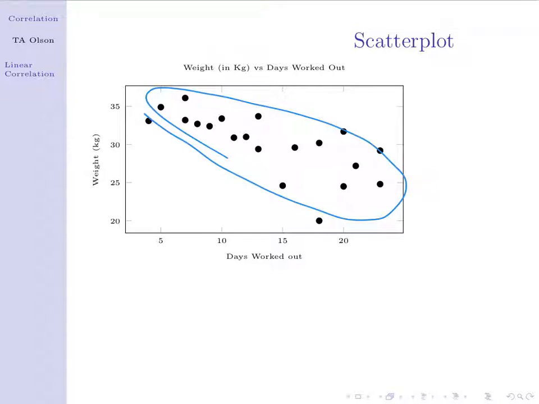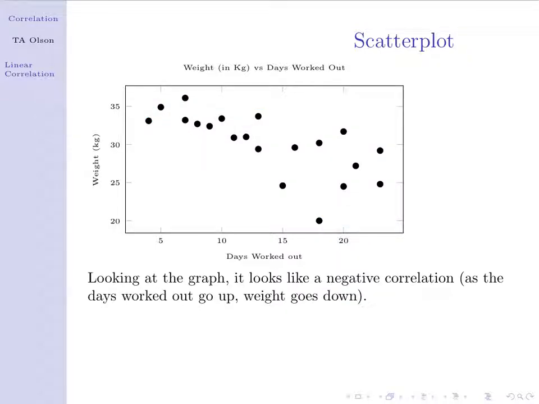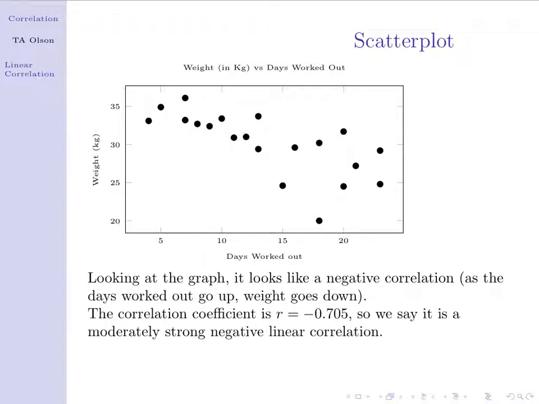It's going to be negative because it's going down. A negative correlation. As the days go up, the weight's going down. Looking at an actual number, the correlation coefficient for this data is negative 0.705. So this we would call a moderately strong negative linear correlation.